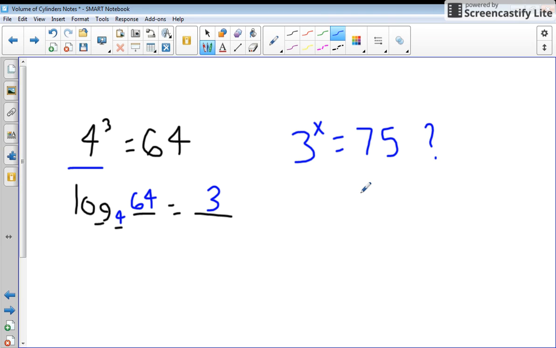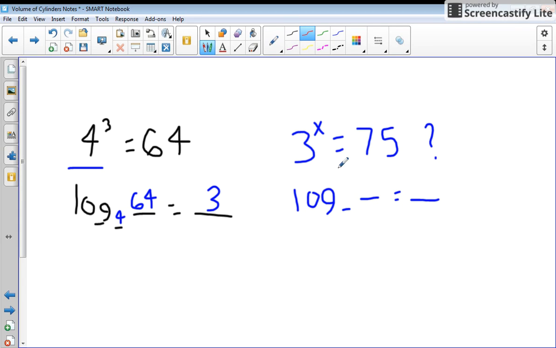Well, again, you're going to have to rewrite this as a logarithm before you can do that. So again, my question to you is log base what of what is equal to what? So go ahead and see if you can do that for me. Fill in these numbers.